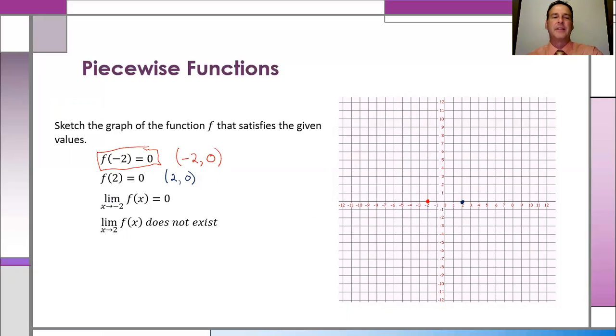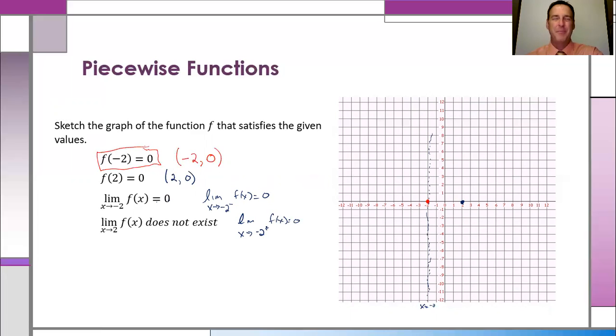It also says the limit at x equals -2, which is right here, must exist and it must be equal to 0, which means from the left side it has to be equal to 0, and from the right too.